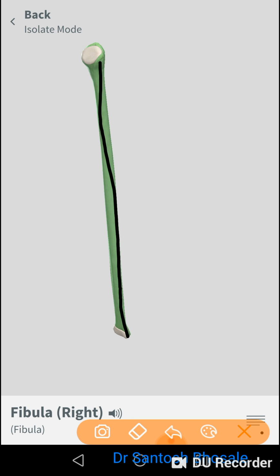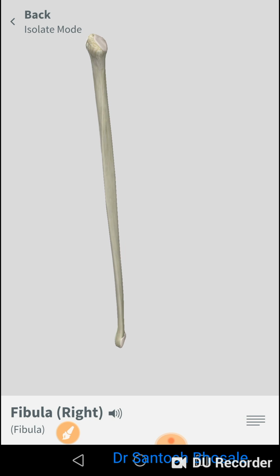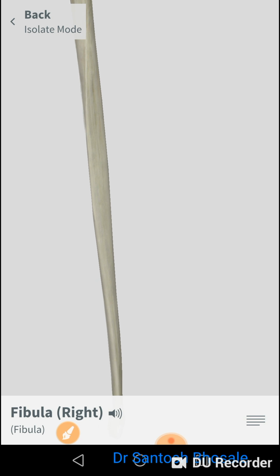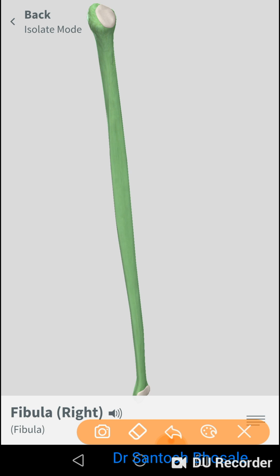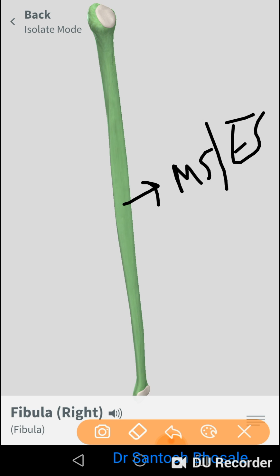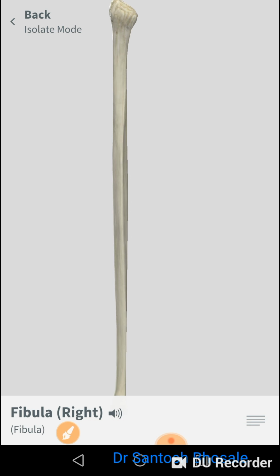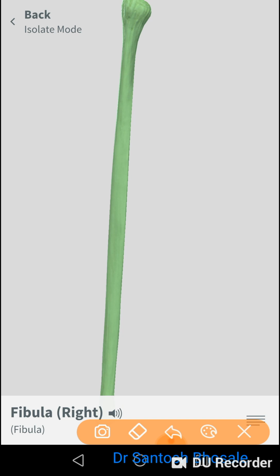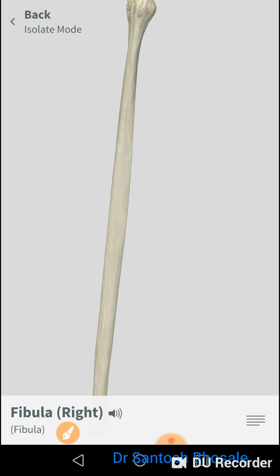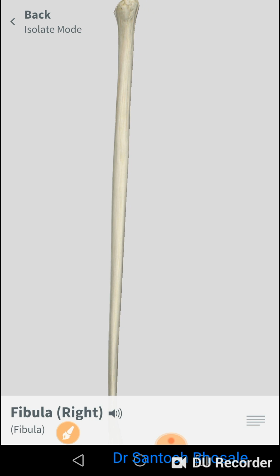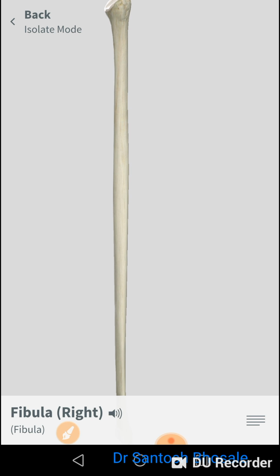So three borders and three surfaces. Between the medial and anterior borders you can see this extensor surface. This is the medial surface, also called the extensor surface. Then here is the lateral surface or peroneal surface. It gives origin to the peroneus muscles, and here is the posterior surface.